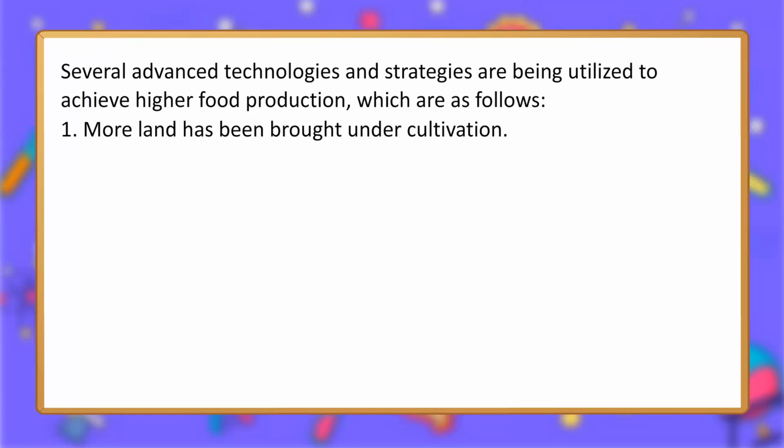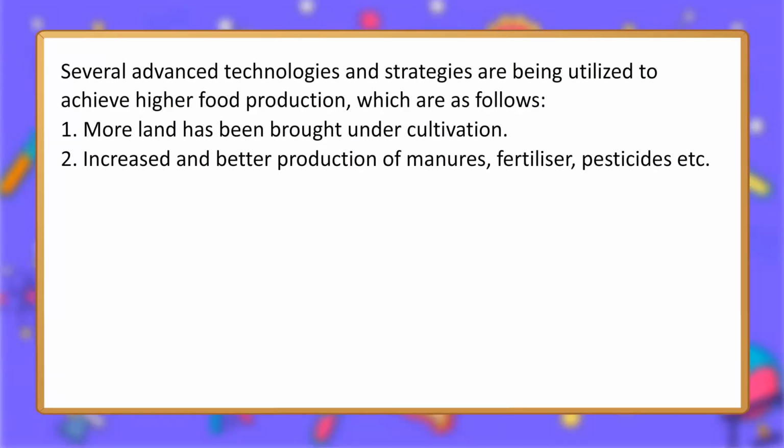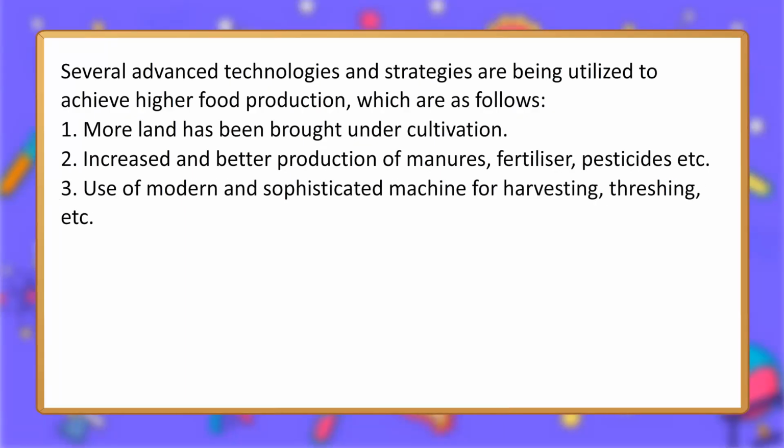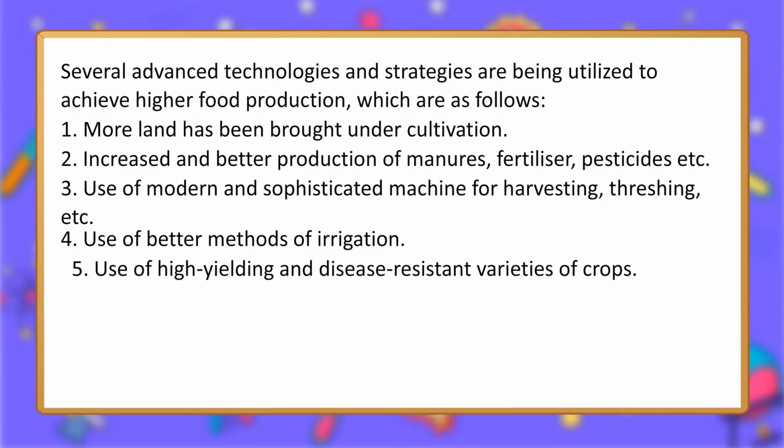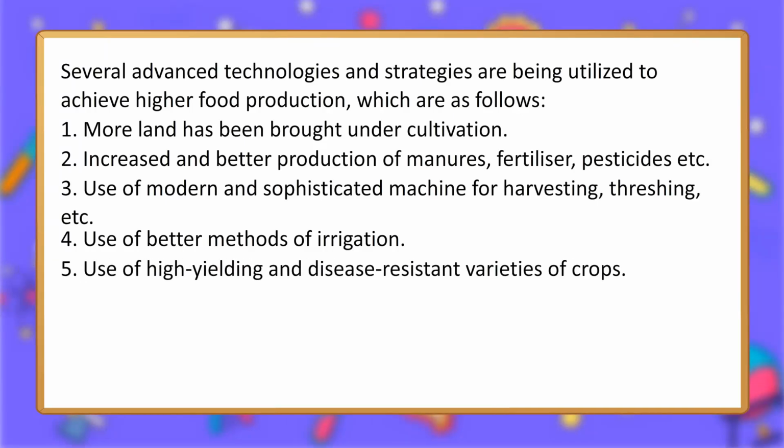More land has been brought under cultivation. 2. Increased and better production of manures, fertilizer, pesticides etc. 3. Use of modern and sophisticated machine for harvesting, threshing, etc. 4. Use of better methods of irrigation. 5. Use of high-yielding and disease-resistant varieties of crops.